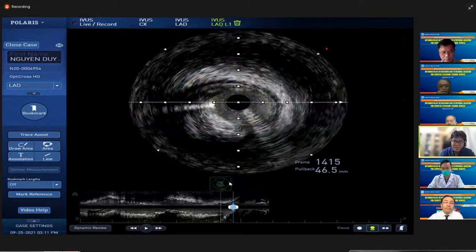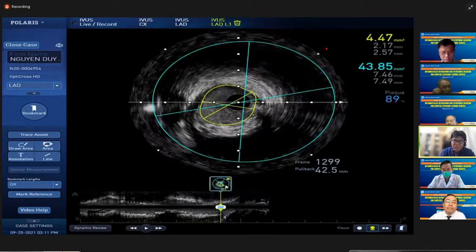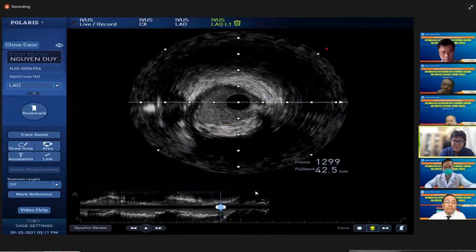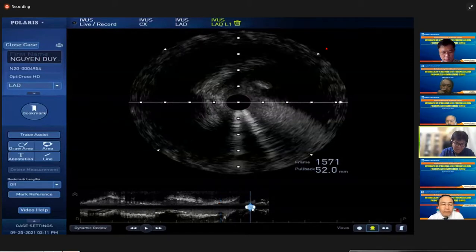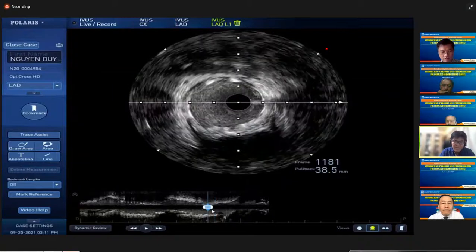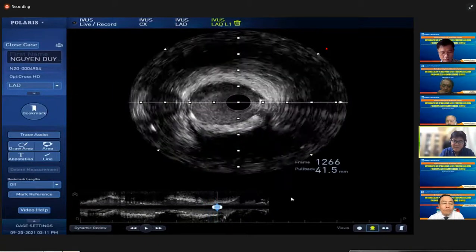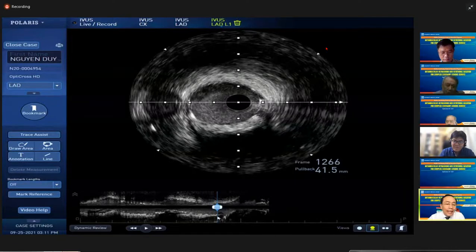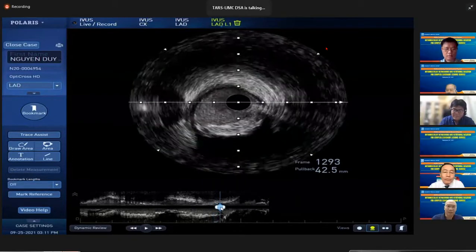How about the plaque volume and the plaque characteristics at the opposite side of the side branch? Could you show us the IVUS image at the bifurcation? Dr. Vũ, how about the characteristics of the plaque opposite to the side branch? Okay, I will show you the plaque. This is the LAD pullback.